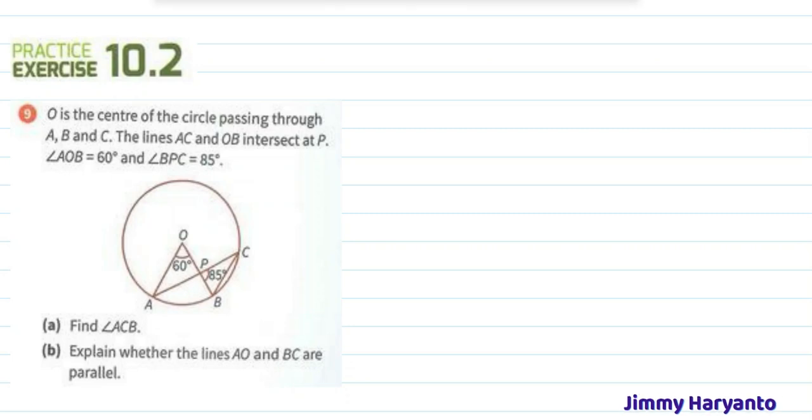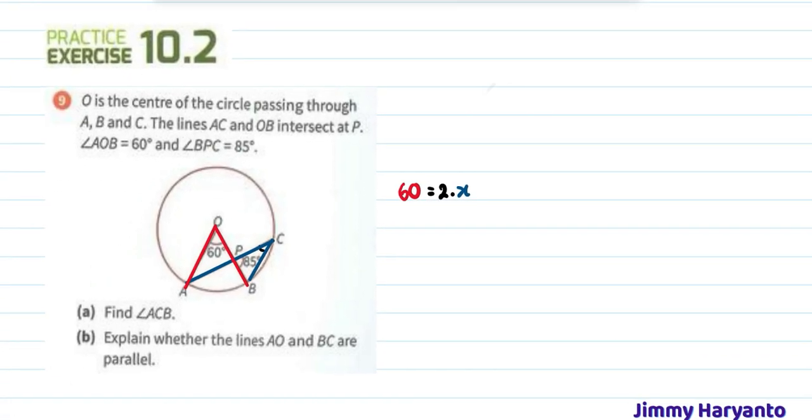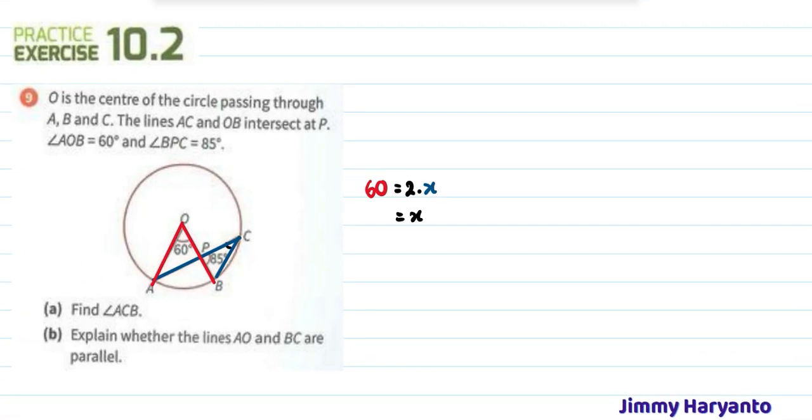Okay, next is question 9. Find angle ACB. ACB is this one. We can see that ACB is a circumference angle, and the center angle is this one. That means 60 degrees equals 2 times the circumference angle, x. So x will be 30 degrees.